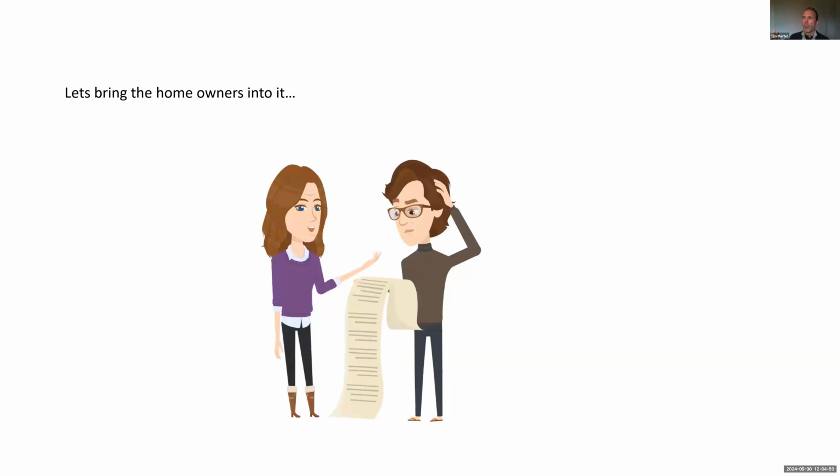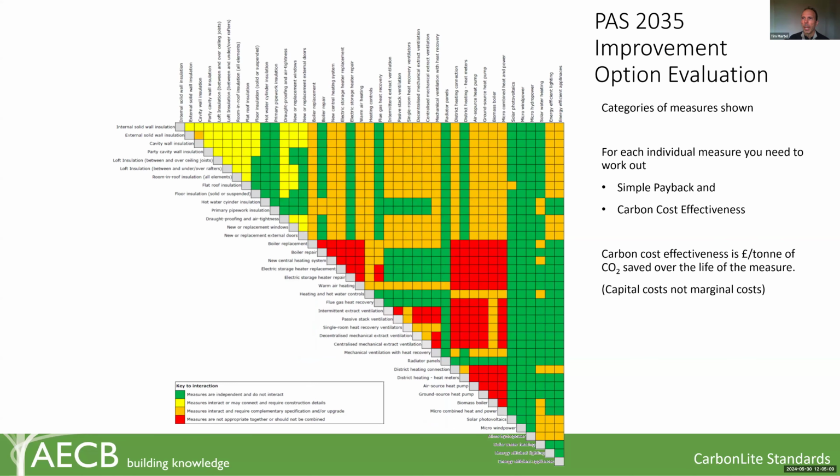That's where this may help, because in a conversation like that, the direction it would probably go is: who do we trust, what approach do we have, and who do we align with? There's all sorts of things that you could do. You've got PAS 2035, which shows pretty much every possible option there could be.